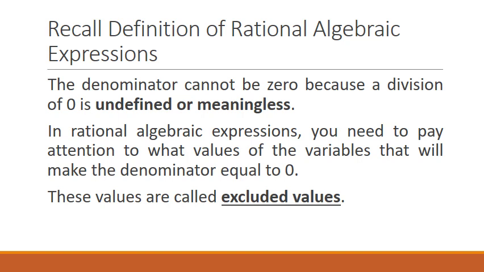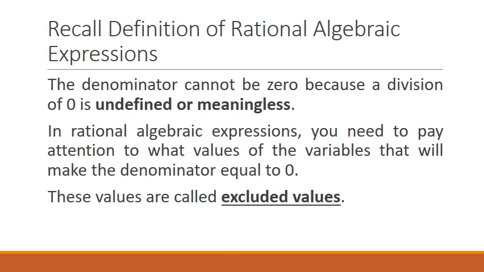Let us recall the definition of a rational algebraic expression. The denominator cannot be equal to 0. When that case happens, the whole expression is now undefined, or in layman's terms, meaningless.